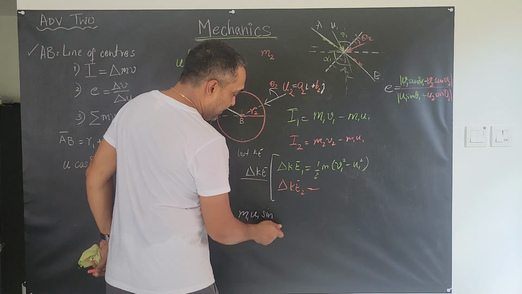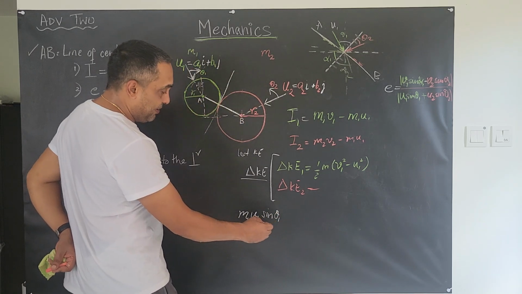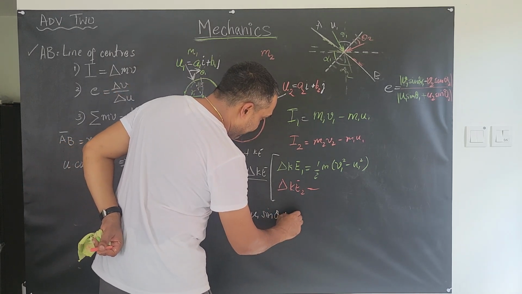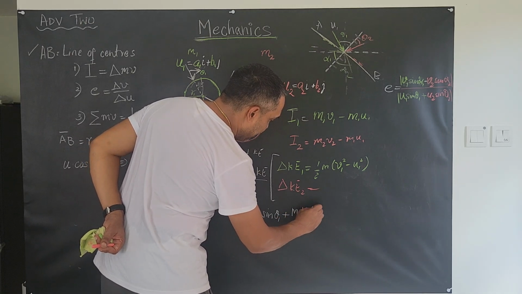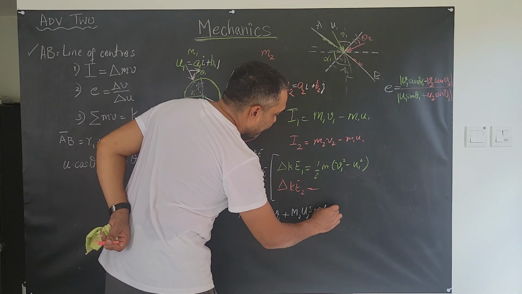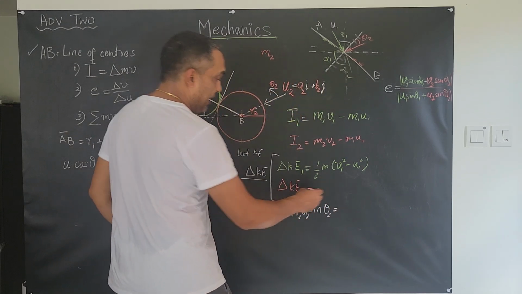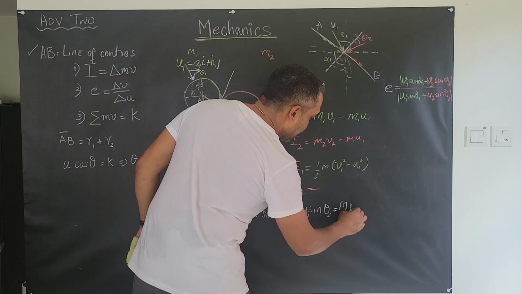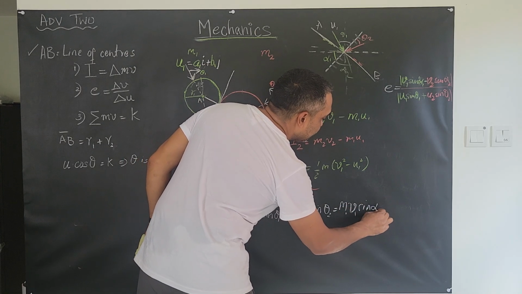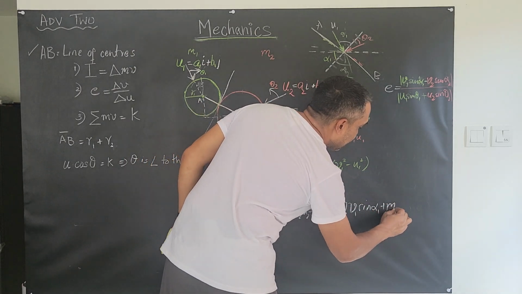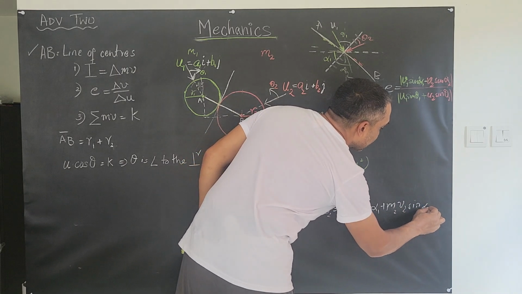So m1 u1 sine of theta 1, that's the momentum of the first sphere, plus m2 u2 sine of theta 2 is equal to the final state, which is again m1 v1 sine of alpha 1 plus m2 v2 sine of alpha 2.